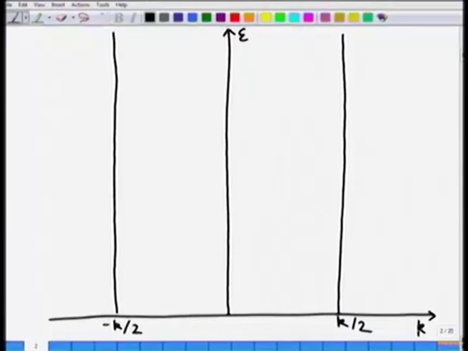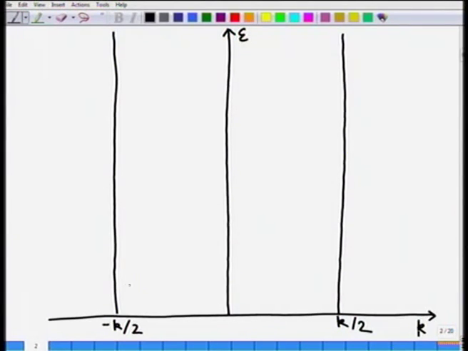It is not important what the precise shape of the band structure is, but as a schematic I am going to put down 4 different bands whose shape and nature will be exactly like those we derived in the nearly free electron theory, like the Kronig-Penney model. So, let me draw that first. Let us draw it like this.